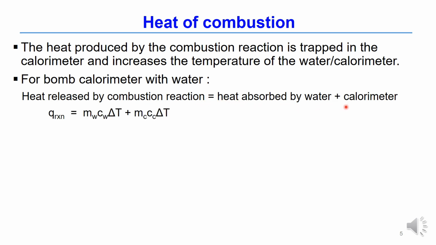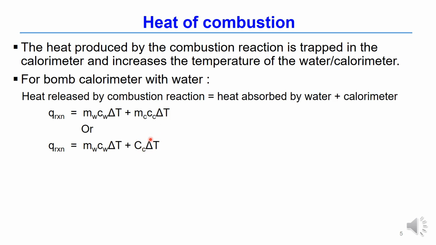water and calorimeter. So the formula used is the heat released equals the mass of water, specific heat capacity of water, delta T. Okay, this one is for water, plus mc delta T, this one is for the calorimeter. Or Q equals mc delta T, this one for water, and C delta T, this one for the calorimeter.